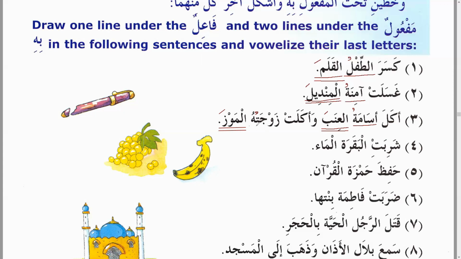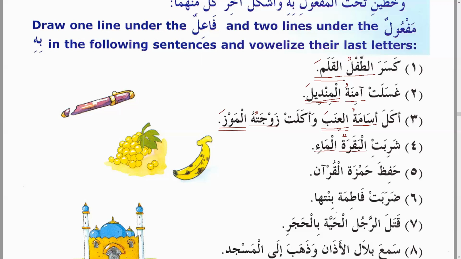Right? So this is the fa'il again, zawja. Sharibatil bakhara al-ma. Bakharatu, yes, fa'il. And the cow drank the water.